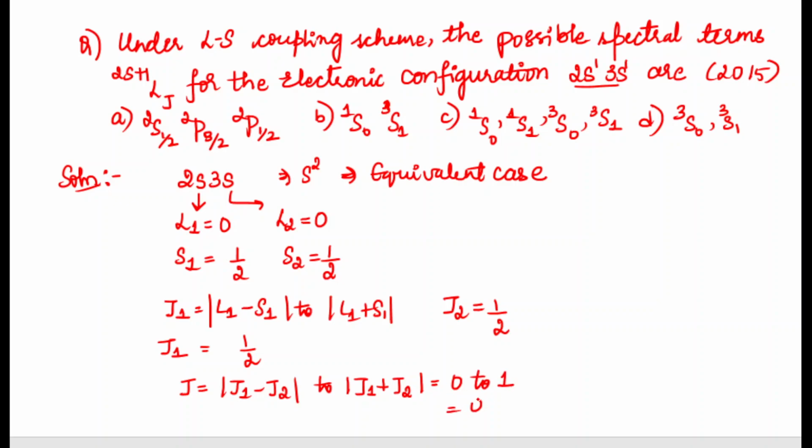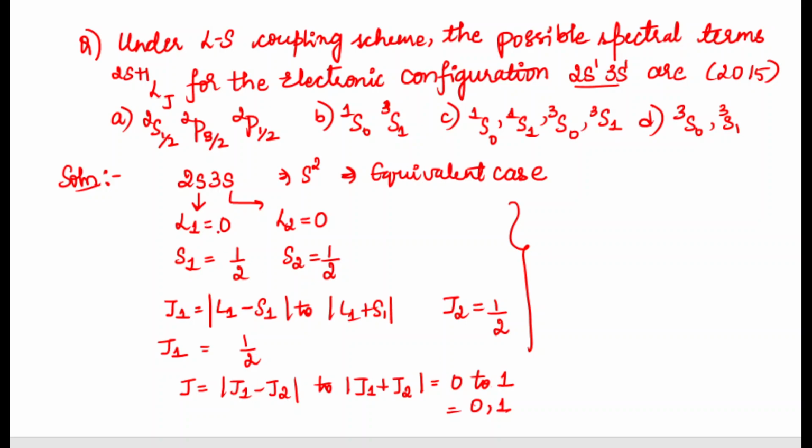So the values are 0 comma 1. So J can take the values 0 and 1. Right. Now after this, what we need to do? We need to take the values of L1, then substitute the values of S, then substitute the values of J.